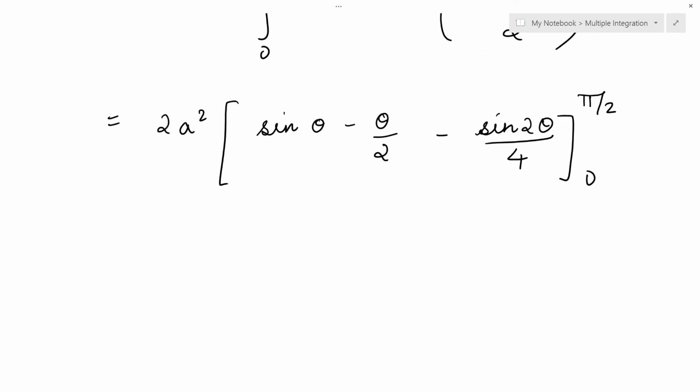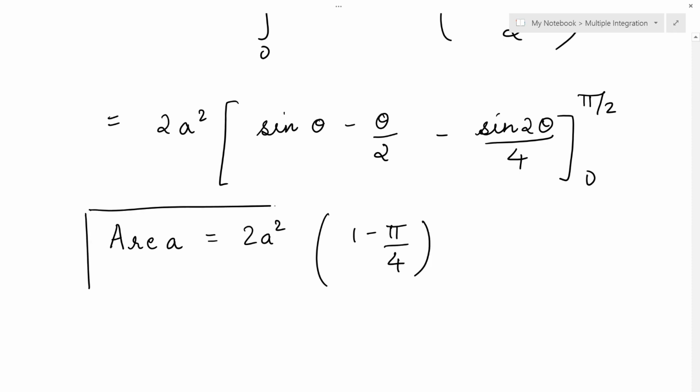After I substitute the upper limit and the lower limit and simplify, you can check the answer will be 2a square into 1 minus pi by 4. Okay, so this is one example I had taken where your curve was not a standard curve. So first you trace the curve according to your curve tracing rules, and then you find what will be the answer.